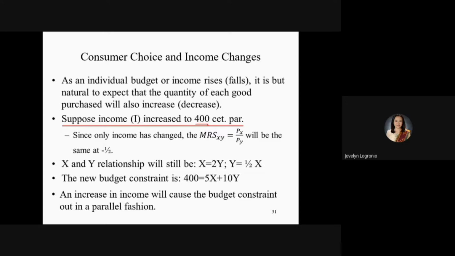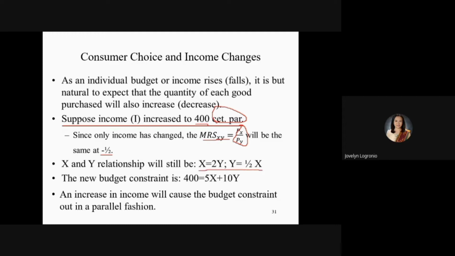So, since only income has changed, then the MRS of X and Y is the same at negative 1/2, or the market rate of trade-off is 1/2. Then, X and Y relationship will still be X is equal to 2Y, then Y is equal to 1/2.